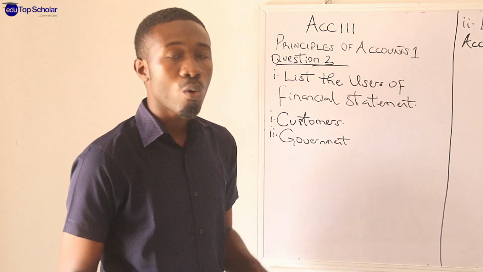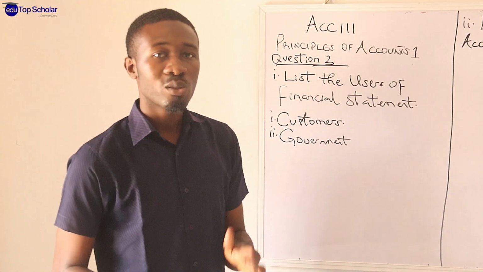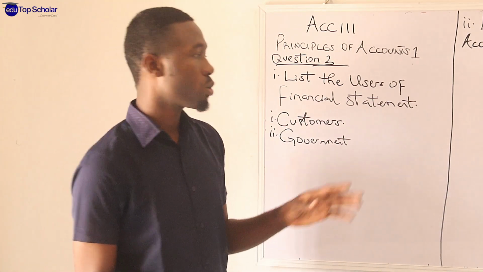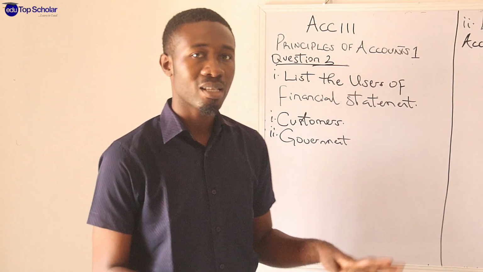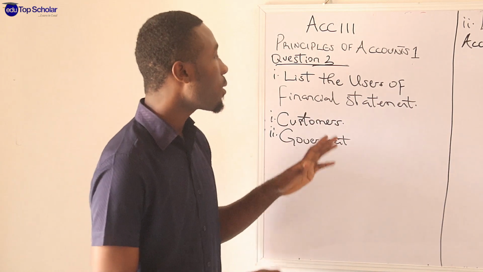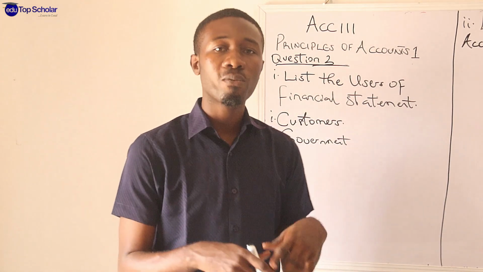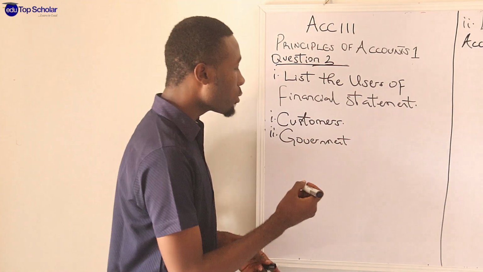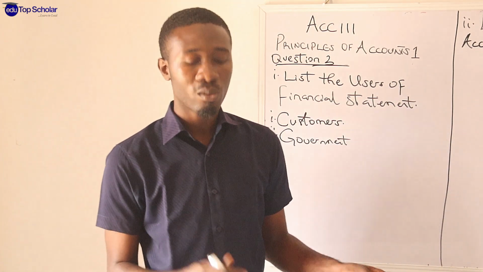Government wants to know whether a company is making loss or is making profit, so that they can know how much to tax them or how much to levy them as tax every year. So government is a user of financial statements of entities, because they want to know how much to tax all companies.